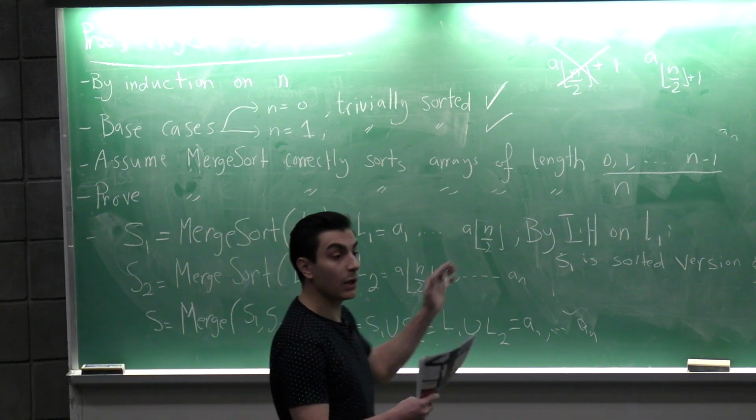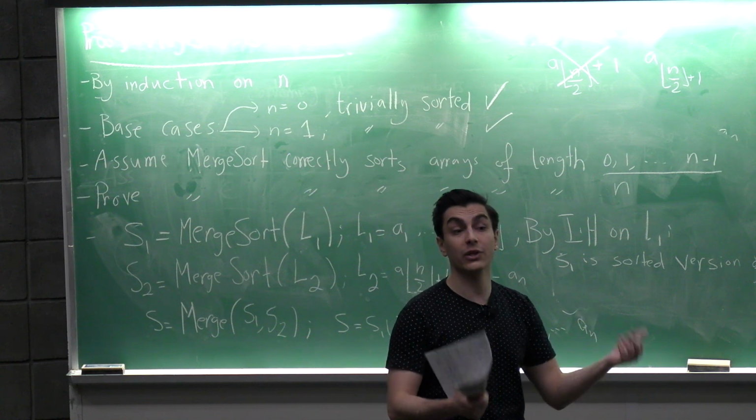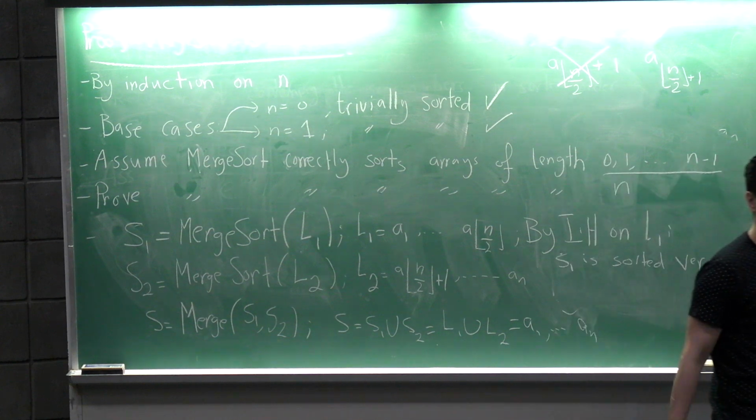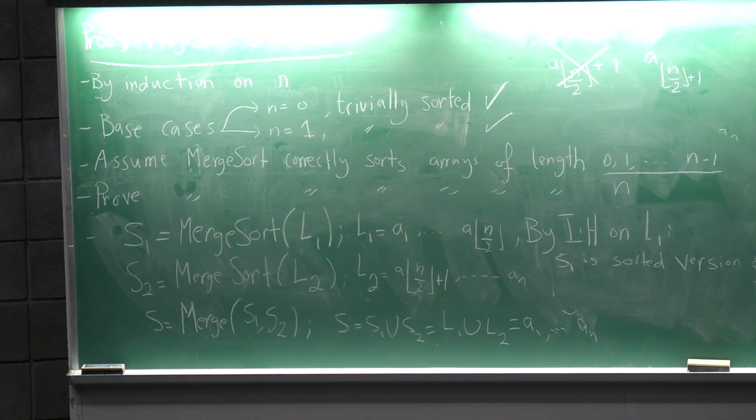Okay, so now we're going to do an example to try to see how the algorithm works. What are the inner workings? How is it going to run? Before we try to measure its complexity, right?